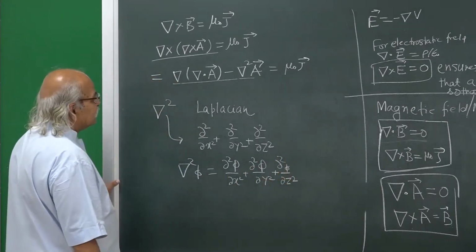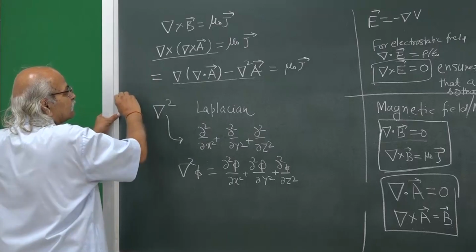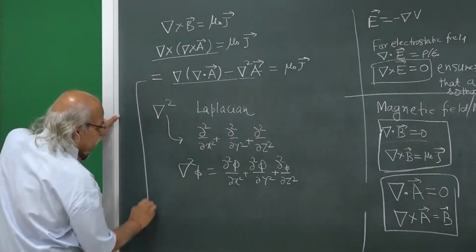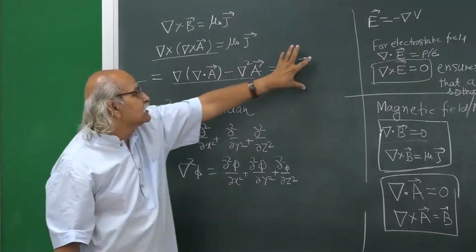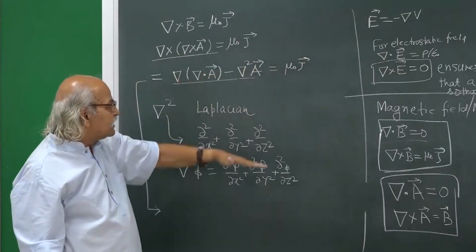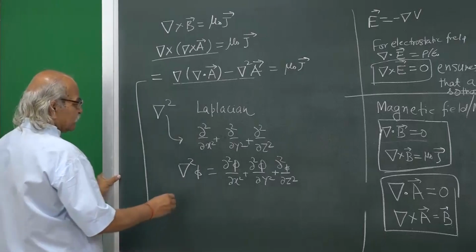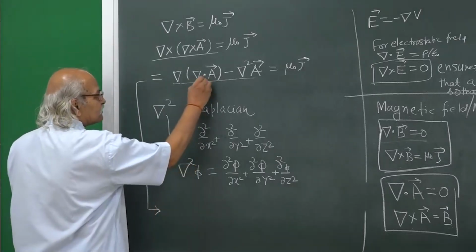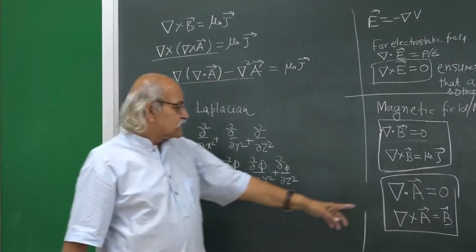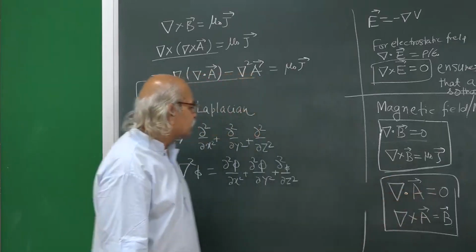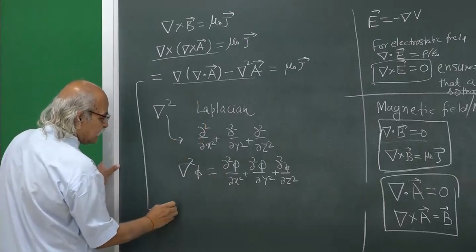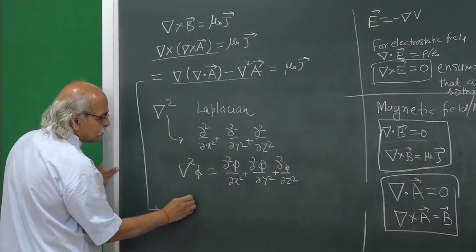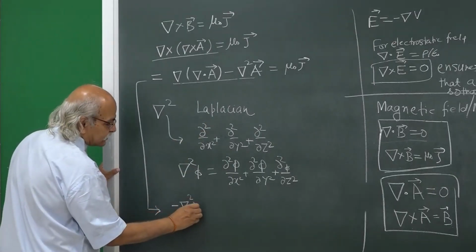So, if I take the x component of this, let us write only, this whole thing is a vector function. If I write the x component of it, divergence of A is 0, that is our choice, and therefore, this term goes away, and you get minus del square of A x.